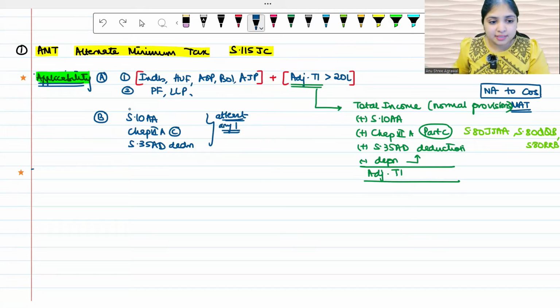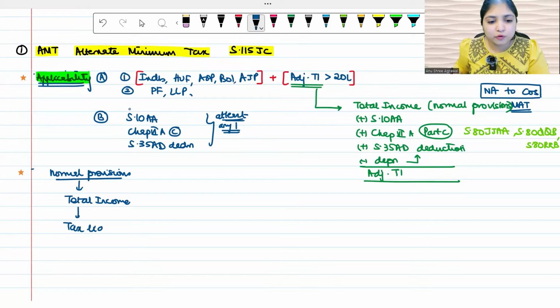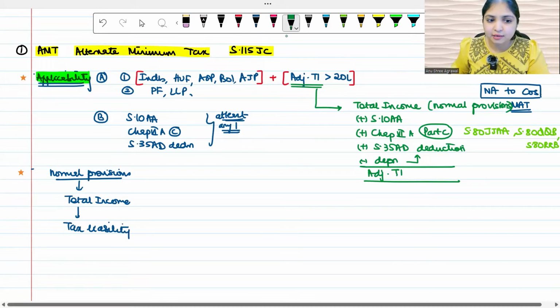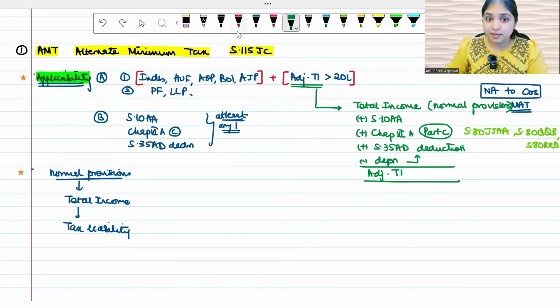Then you will first of all follow the normal provisions of the Income Tax Act. On the basis of the normal provisions, you will find the total income of the assessee. On the basis of the total income, you will find the tax liability of the assessee. So, following the normal provisions of the Act, you will find the tax liability of the assessee.